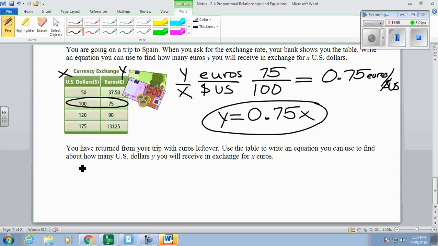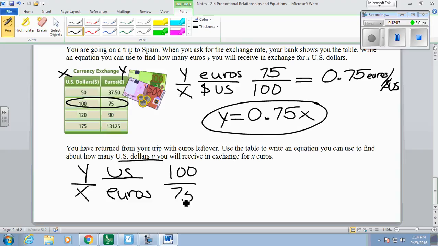Okay, so this time we're setting up Y divided by X again, but we have to pay attention that Y, they said, was the US dollars, and that now X is our euros. So instead of putting 75 over 100, I have 100 over 75. When I divide this out and get my unit rate, I get 1 and 33 hundredths, and obviously it's a repeating decimal.